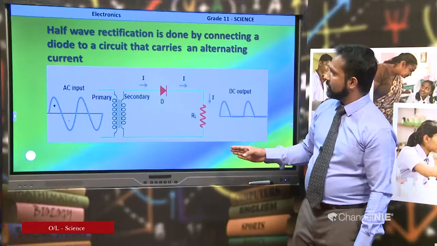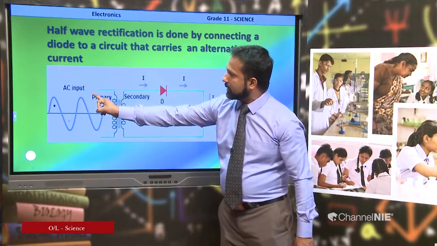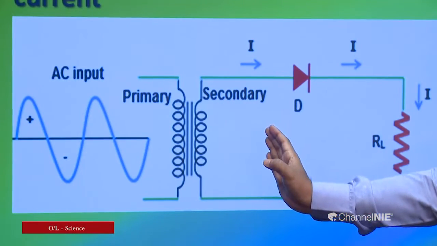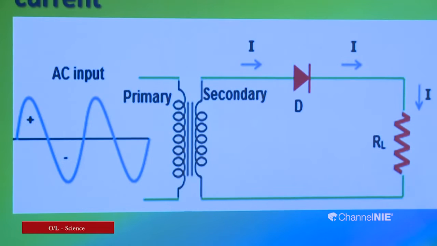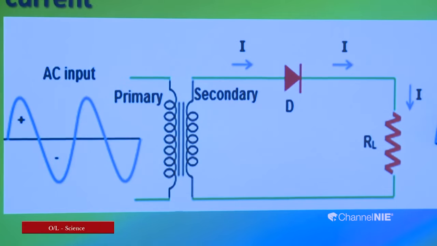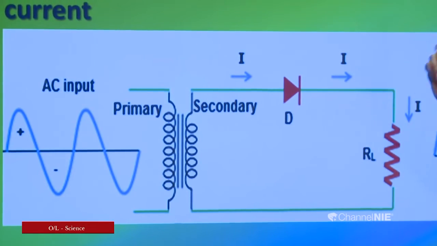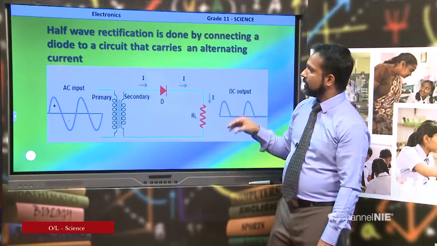Then what happens? The sinusoidal wave of the input AC current passes through the step down transformer to convert the higher voltage, that means 230 volts, into a lower voltage of 12 volts or 6 volts, and it passes through the diode. When it passes through the diode, the diode allows only one half of these halves to pass through it.